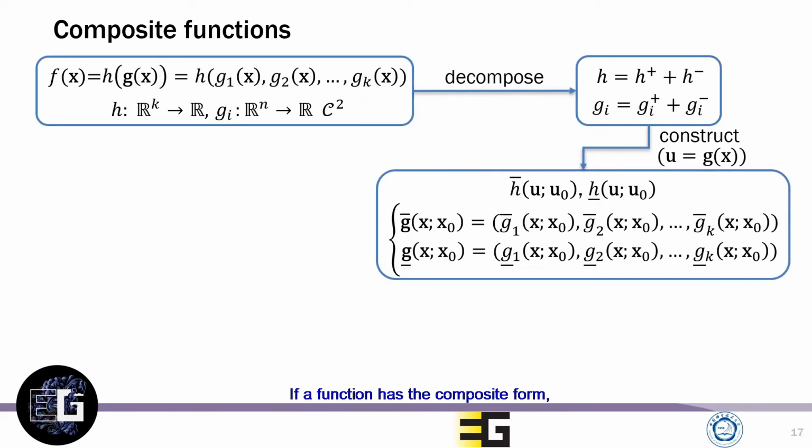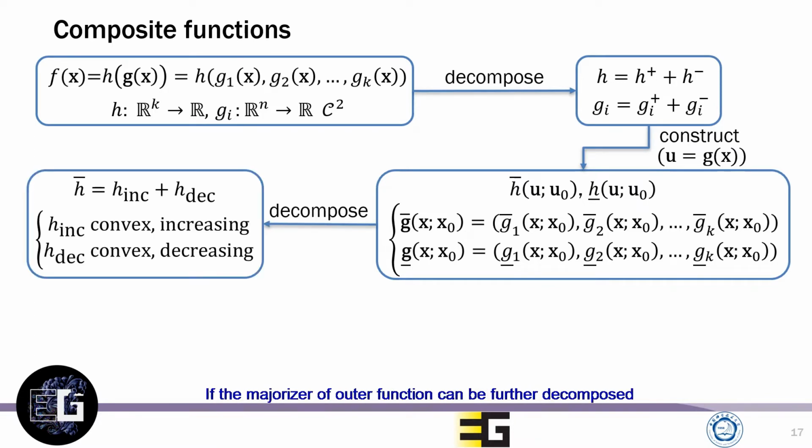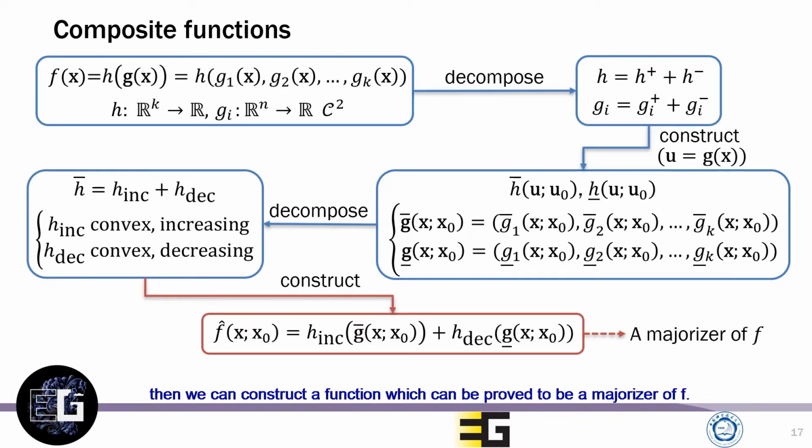If a function has the composite form, and composite functions all have convex-concave decompositions, then we can construct their majorizers and minorizers. If the majorizer of the outer function can be further decomposed as a sum of an increasing function and a decreasing function, which are all convex, where increasing or decreasing is with respect to each variable when all the others are fixed, then we can construct a function which can be proved to be a majorizer of f.